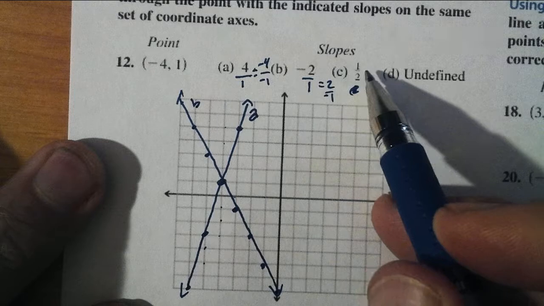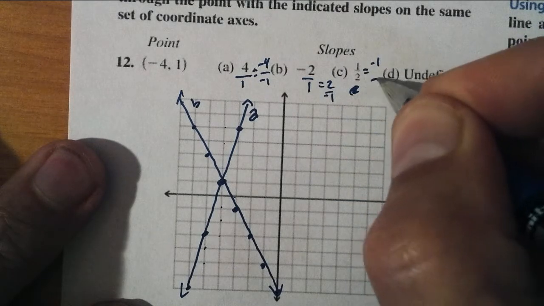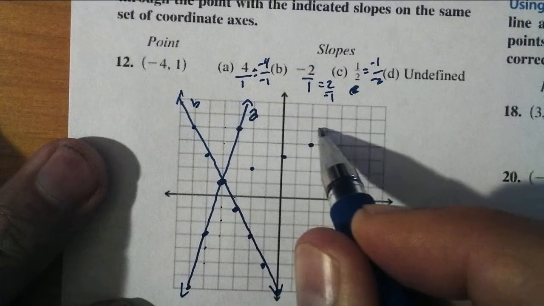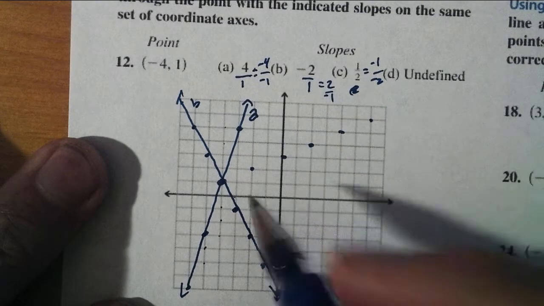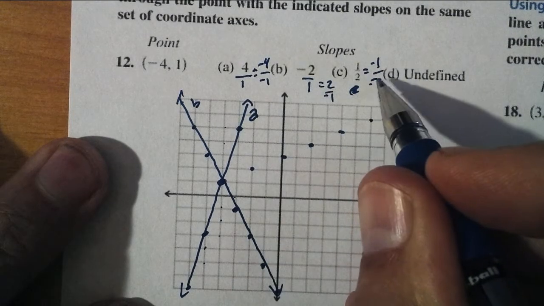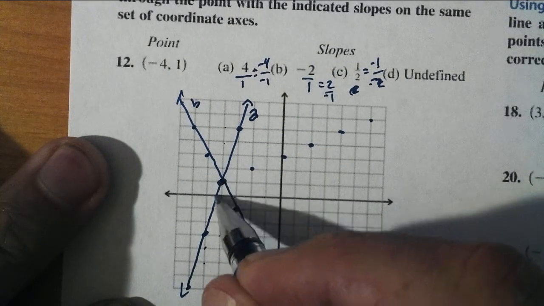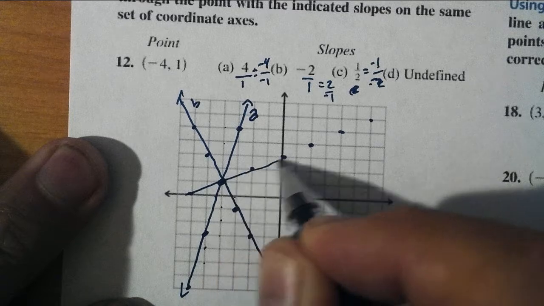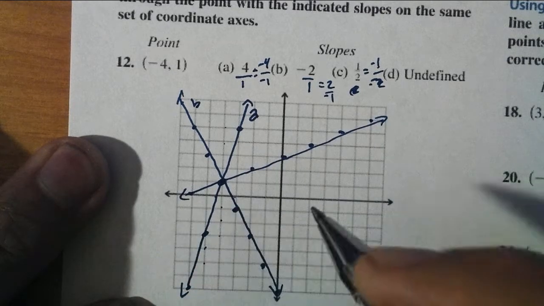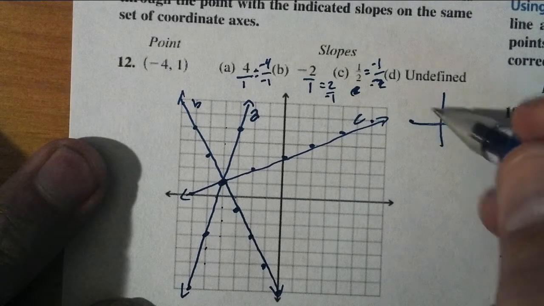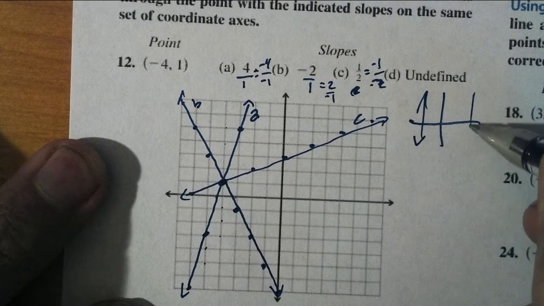Line C rises 1, runs 2, up 1 over 2, or falls 1, runs 1 to the left. Something like this, where there's our line C. Now lines that are undefined run straight up and down.